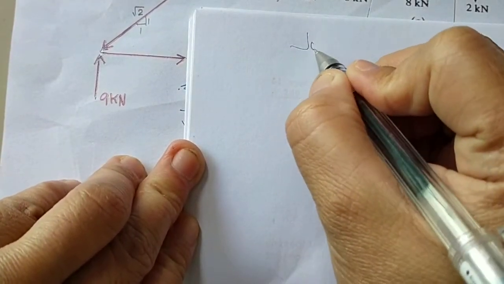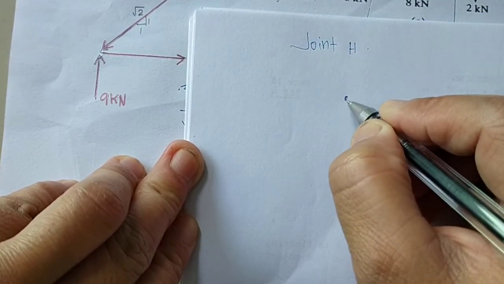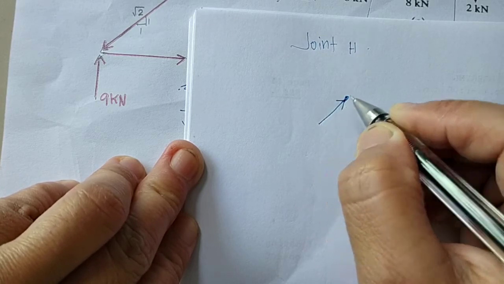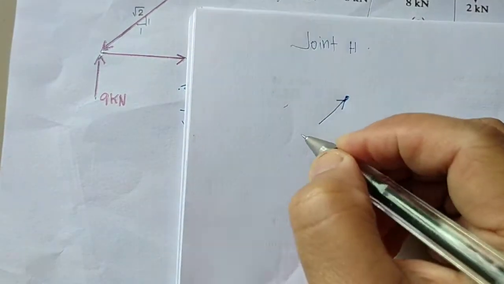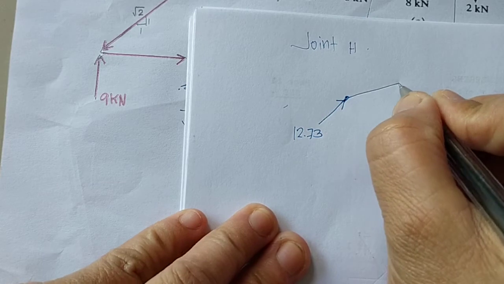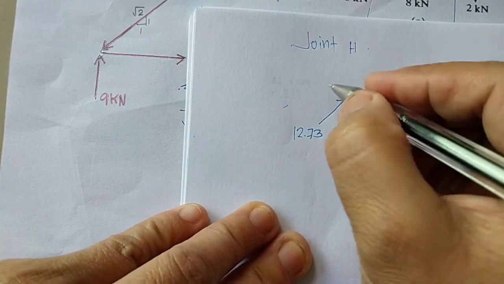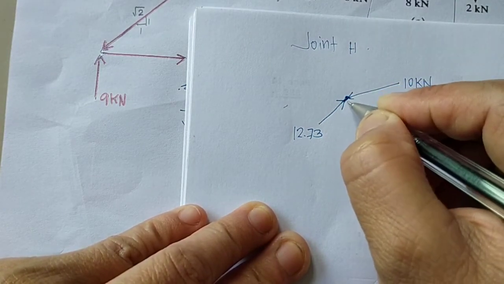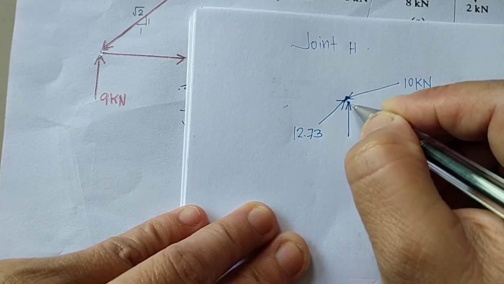Okay, free body diagram of joint H. So we have here AH as compression. The computed value of AH is 12.73, and this one GH, the computed value for GH is 10 kilonewton compression. So this, I will assume it as compression also.